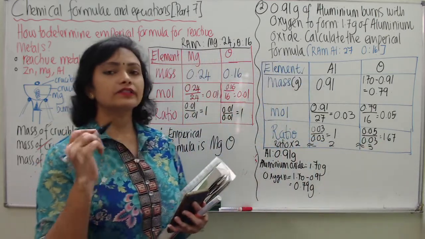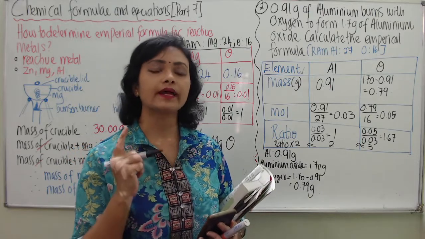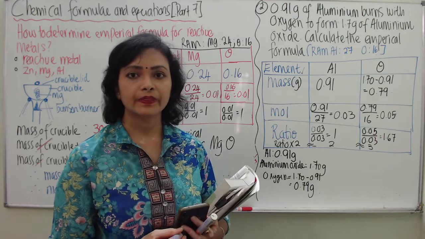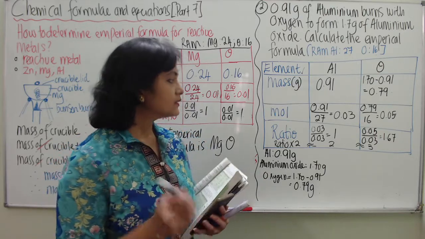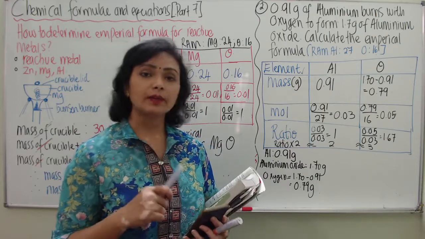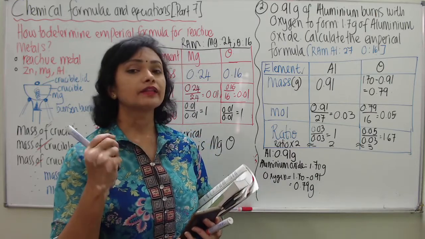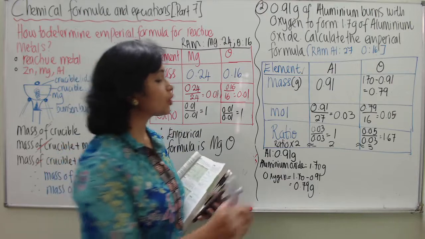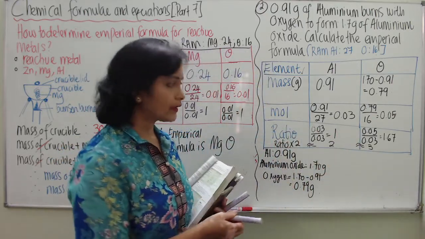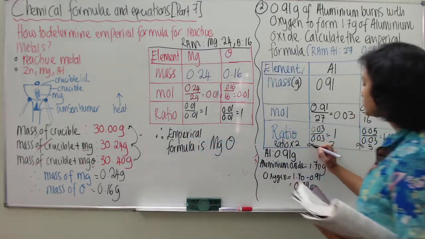This is done just to make sure that the empirical formula is in whole numbers. Teacher repeats, sometimes you have to multiply by 2, sometimes by 3. The main reason we do this is because we want the ratio to be in whole numbers.